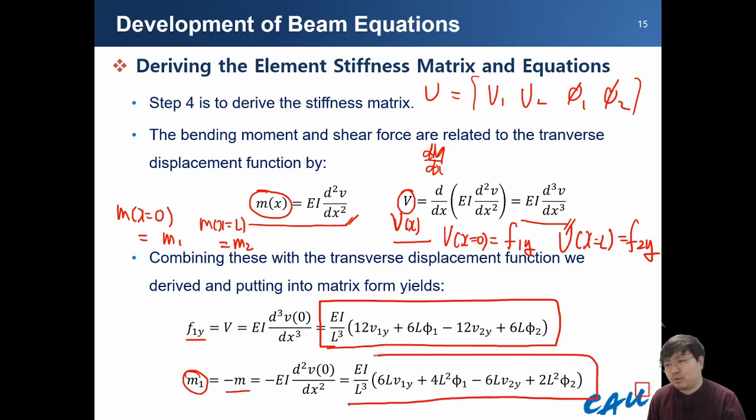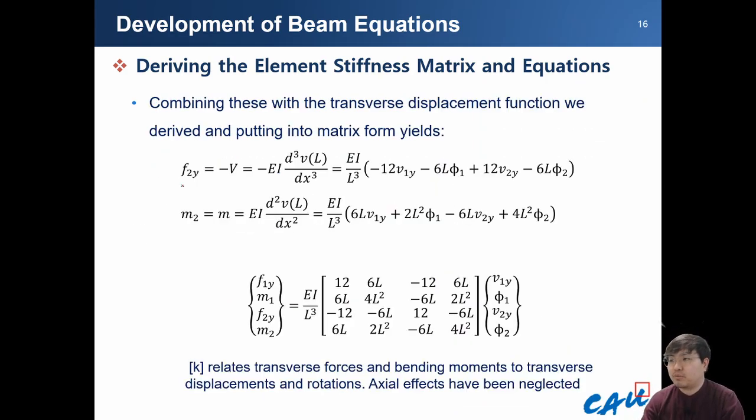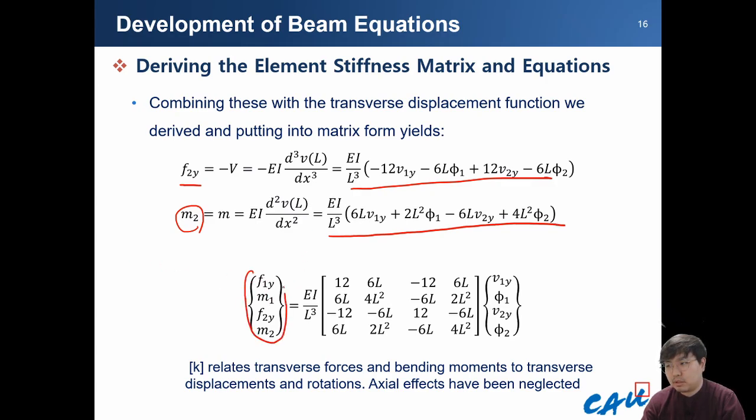Please try it one more time; I don't have enough space to write more here. Similarly, we obtained the relationship for the second moment, and then we reached the force vector here, and this is the displacement vector.